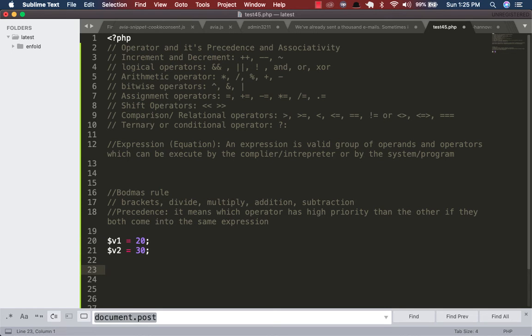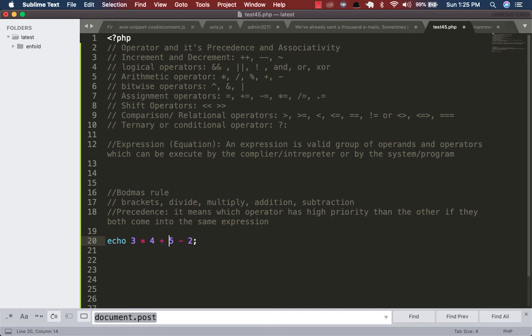So now let's write another expression. We will just use some constants. Okay, so according to Bodmas, suppose I write 3 multiply 4 plus 5 minus 2.